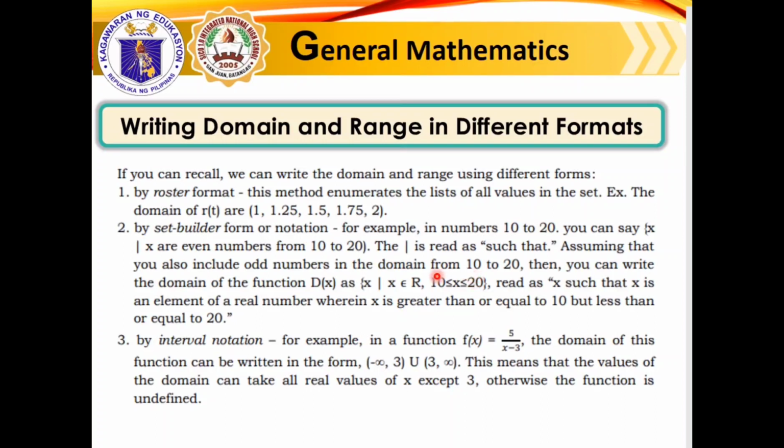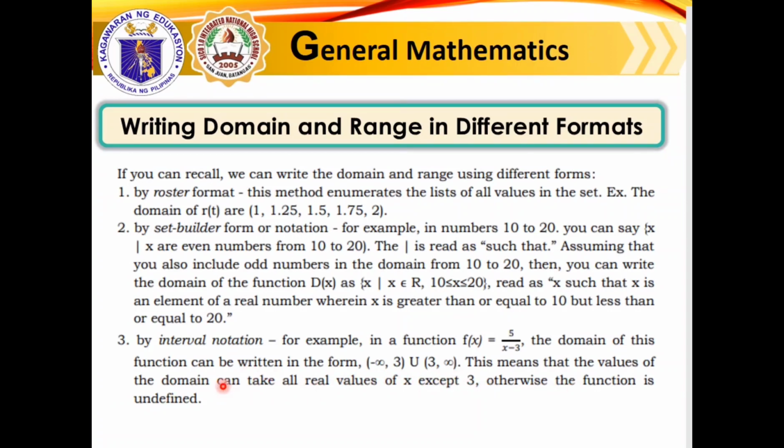So next format is the interval notation. For example, in the function of x equals 5 all over x minus 3, the domain of this function can be written in the form negative infinity to 3 union with 3 to positive infinity. This means that the domain can take all the real values of x except 3, otherwise the function is undefined.